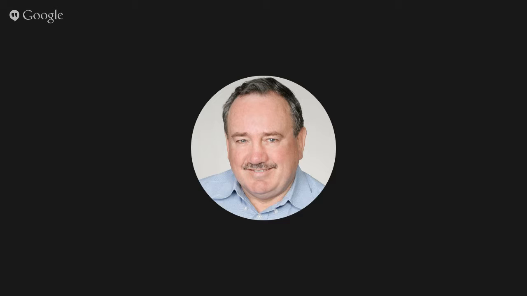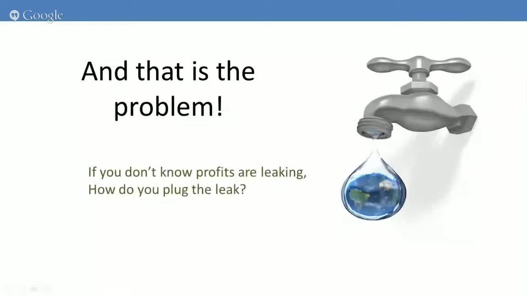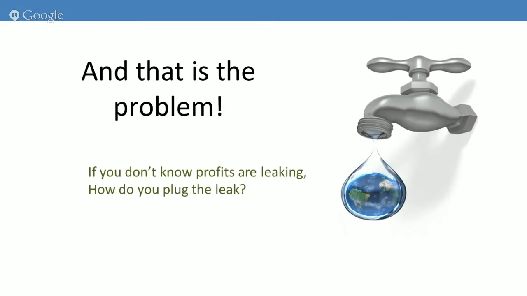Screen share. There we go. And that is the problem. And now I don't see any slides down the left-hand side. I've just got the main slide, and that is the problem.